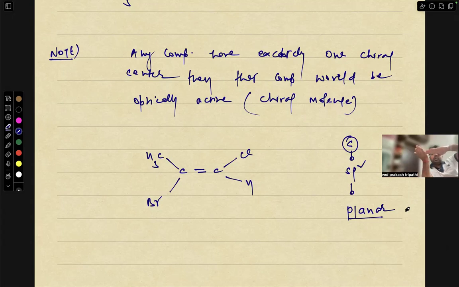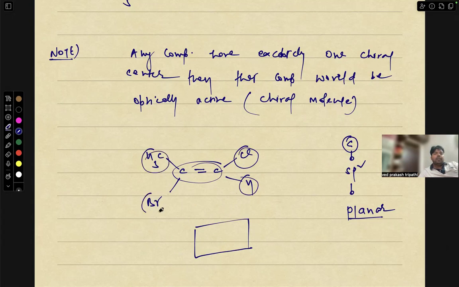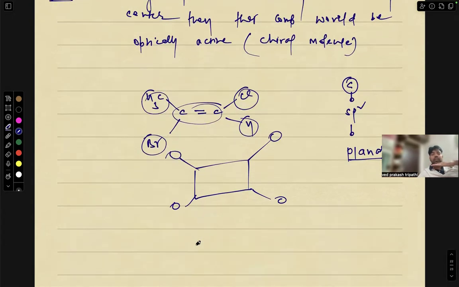And now I'm going to cut along this axis. Okay. So if you cut from here, you can see the top and the bottom are exactly the same. You can assume like that. Suppose this double bond is in this way. And you can assume all the four atoms as a structure, just like a ball, because they all lie in the same plane. So if you are going to make a slice cut, you know what is a slice cut?